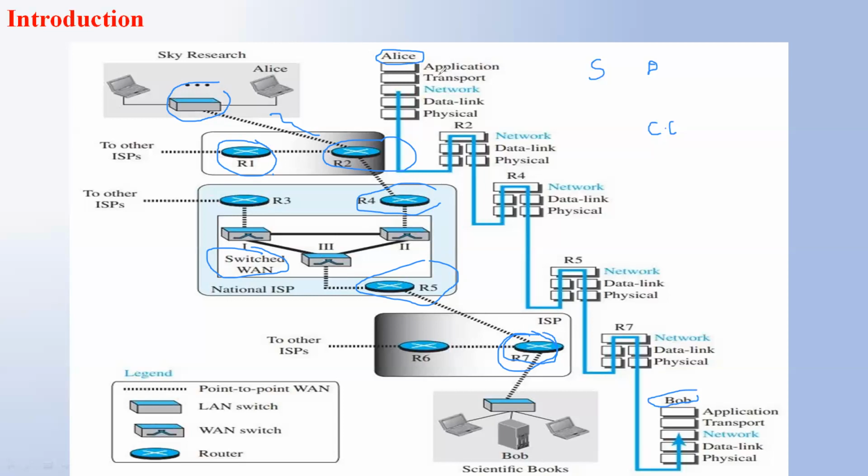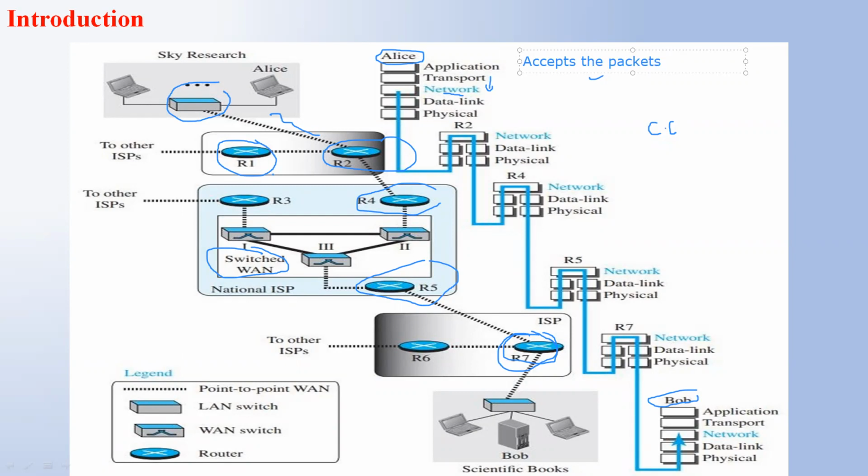At the source node, Alice, the network layer will accept the package from the upper layer called the transport layer.